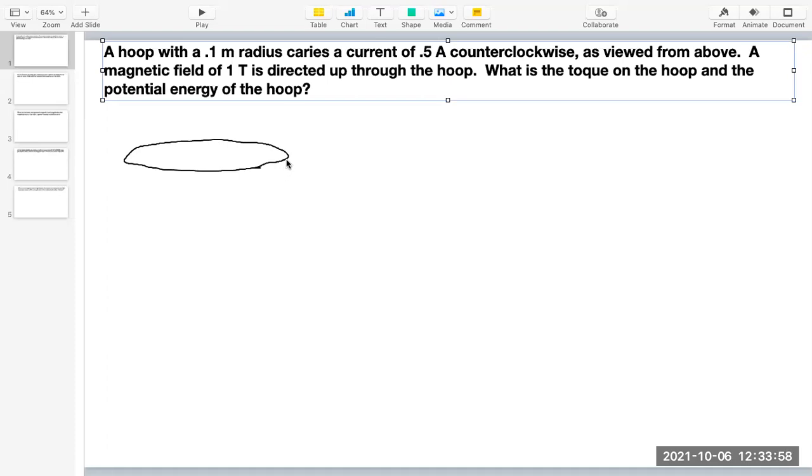If we were looking down on it, it would look like this.